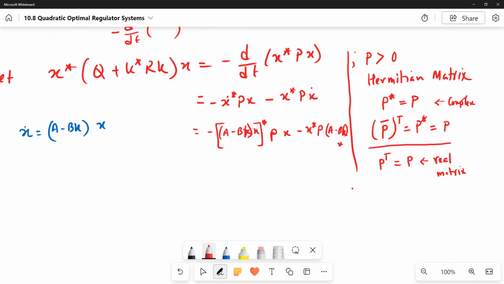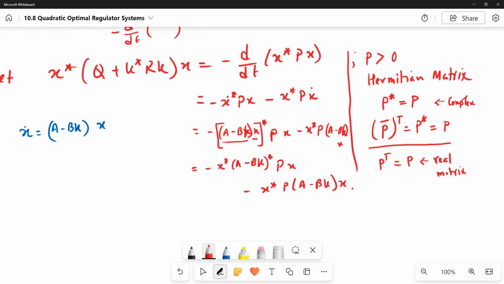As we already said, if we have two multiplications, the order will be reversed. So it will be minus x transpose (A minus BK) transpose P x minus x transpose P (A minus BK)x.